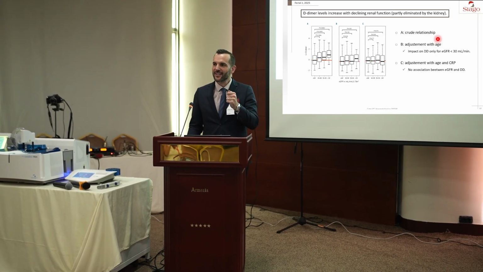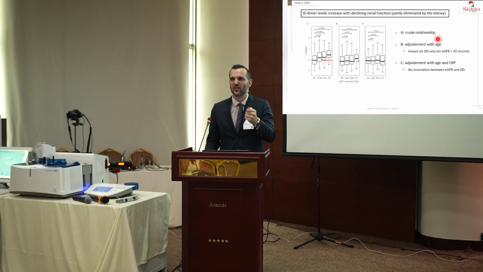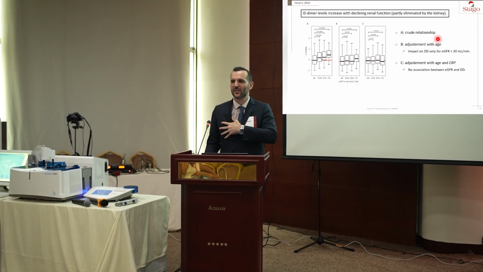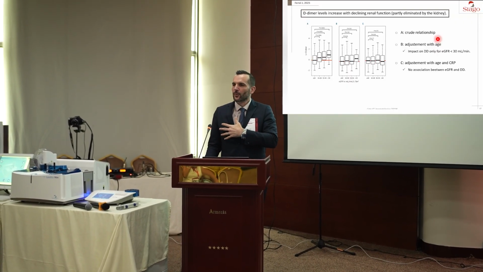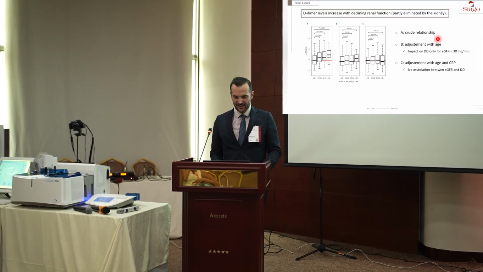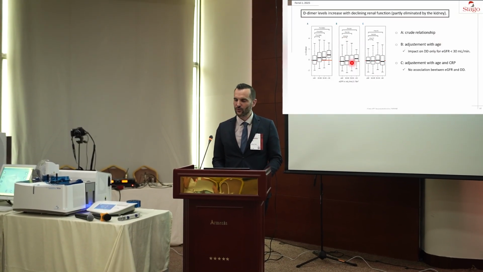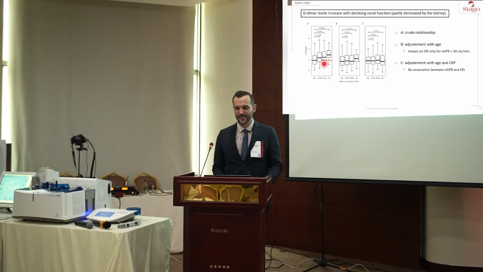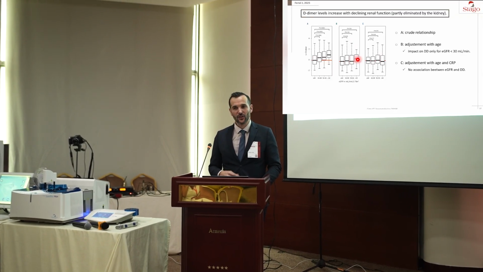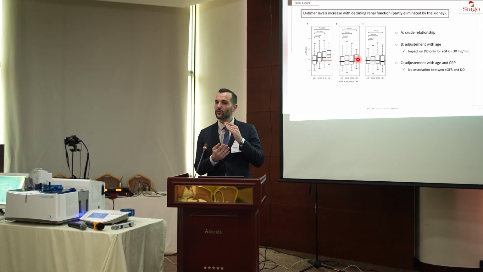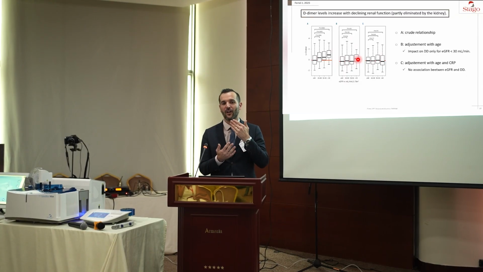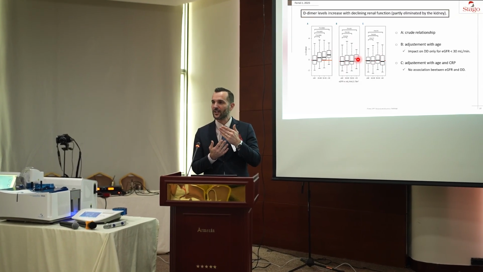But when you look at the publication in detail, you can see that in fact it's not a reliable method. And I think this letter to the editor explains why it is not useful to adapt your D-dimer cutoff depending on the level of renal impairment.